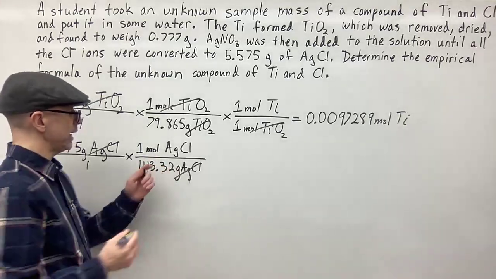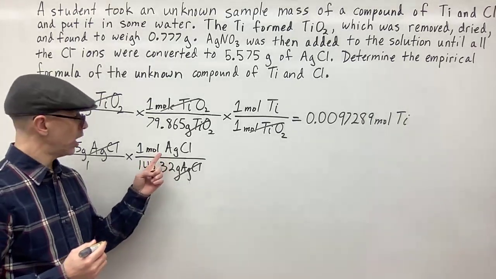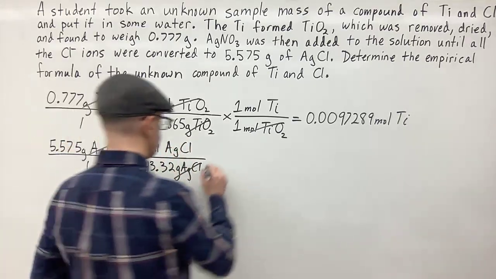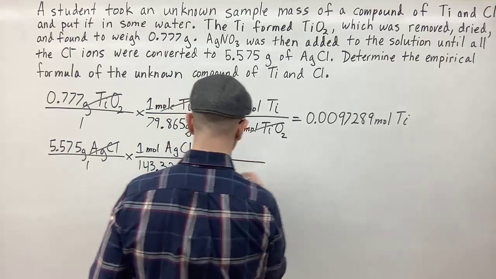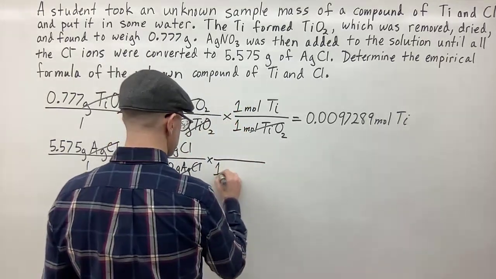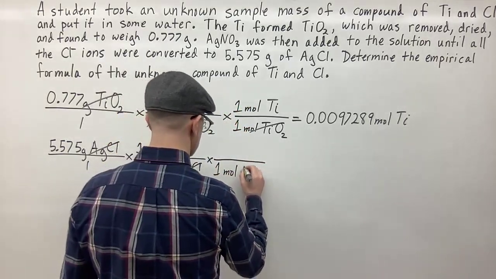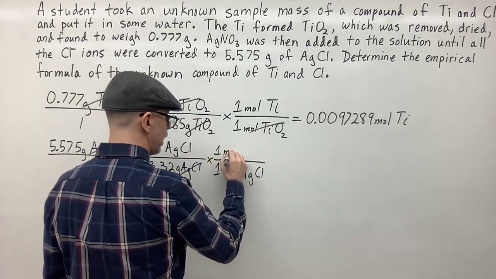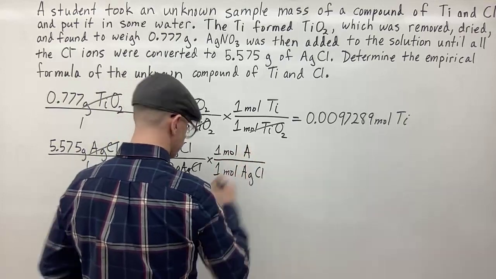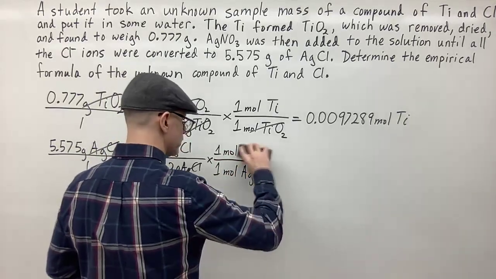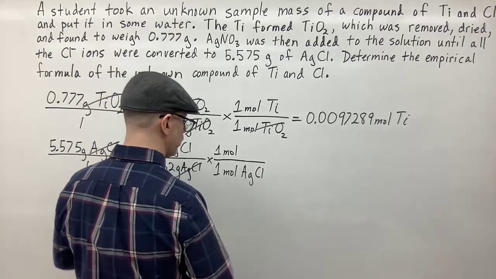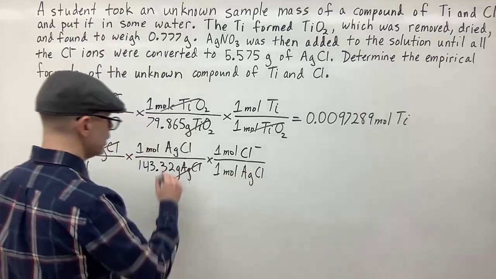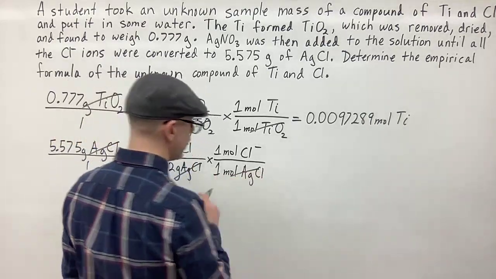Now I have moles. And again, the mole ratio of silver chloride to silver is 1 to 1. So we're going to use our conversion. So 1 mole of silver chloride on the bottom, and on the top 1 mole of, not silver. We're not interested in silver. We're interested in the chlorine. So it's going to be Cl minus. So moles of the silver chloride cancel out.